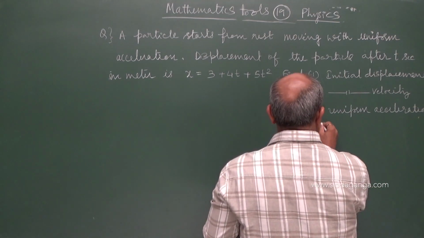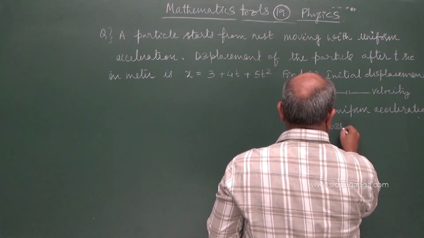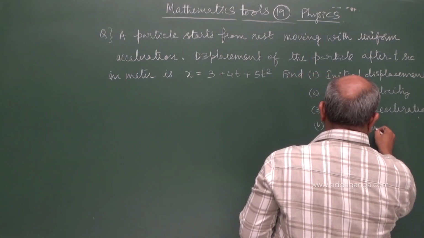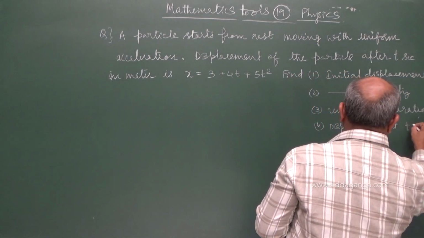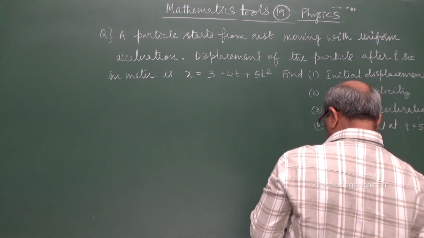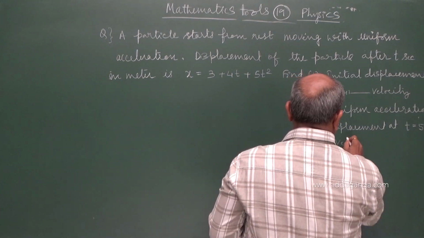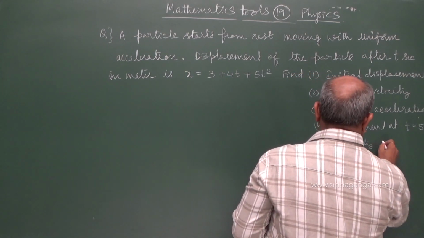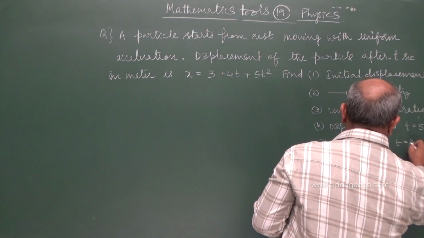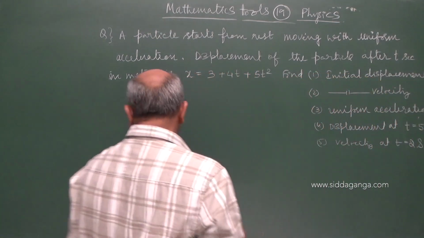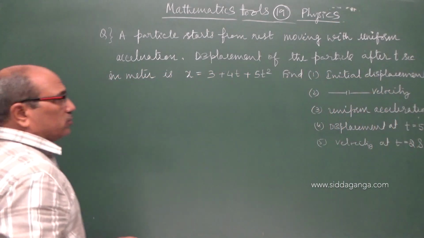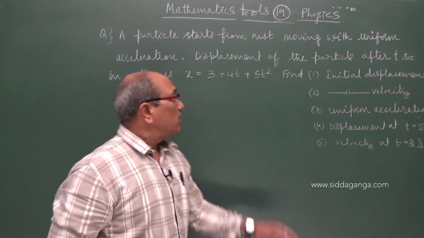Number 4, displacement at t equal to 5 seconds. Number 5, velocity at t equal to 2 seconds. So different cases are given to us here.